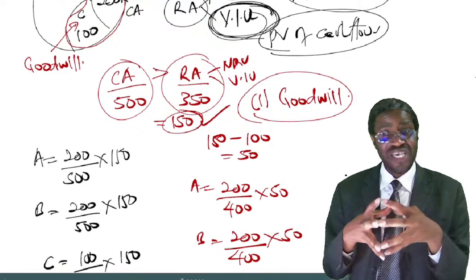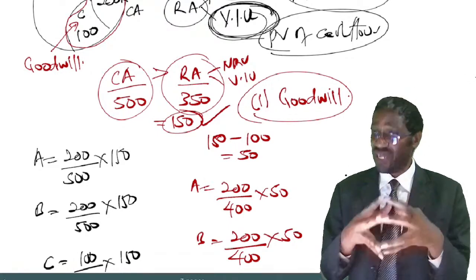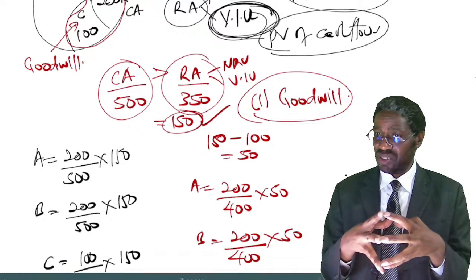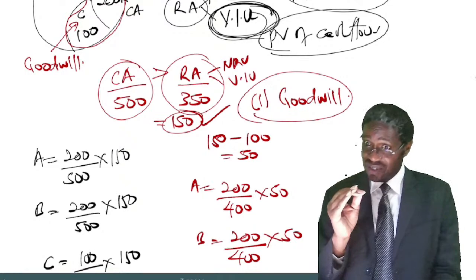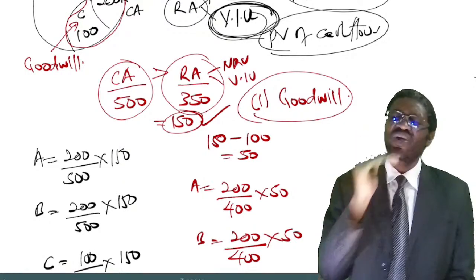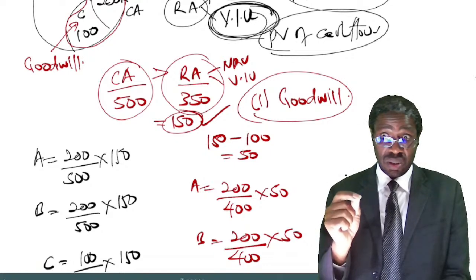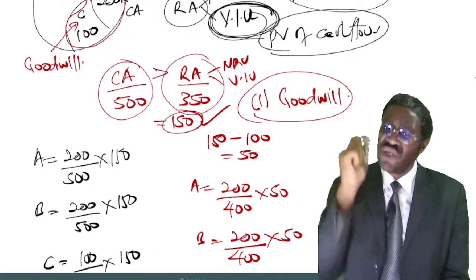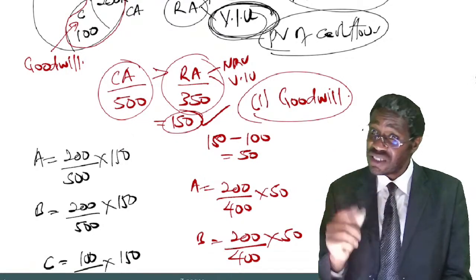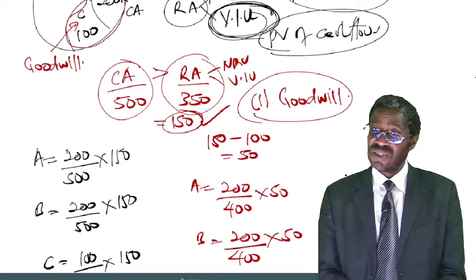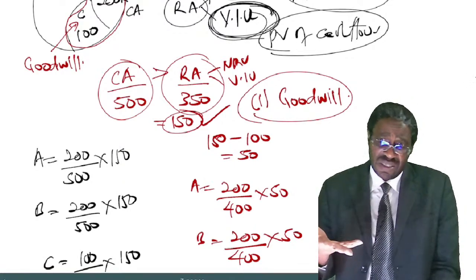Remember, it was destroyed beyond any further use. And we are asking, shall we still test it together with the other plant? The answer is no. That which has been destroyed beyond further use means it's no longer an asset. And you cannot test for impairment of something that's no longer an asset.